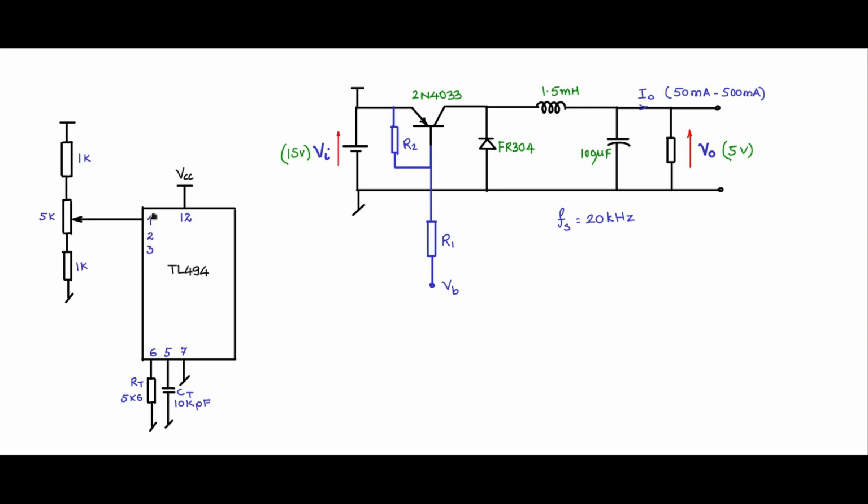Pins 2 and 3, now 1, 2, 3 is an error amplifier. Pin 1 is the positive input and 2 is the minus input and 3 is the output. So you can short 2 and 3 to make it a voltage follower. There is also another amplifier which we can disable. Pin 4 is the DTC or the dead time control pin.